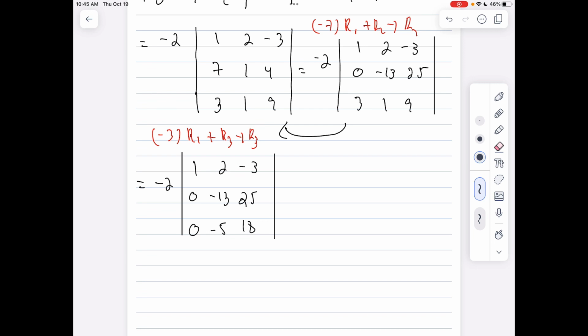If you look at the remaining values inside that we're taking the determinant of, you can certainly expand by a row or a column. You can expand by the first column, and that result would be minus 2 times 1 times, and the way it works is you block the row and column where this is at, and minus 13, 25, minus 5 and 18 is what you have left.